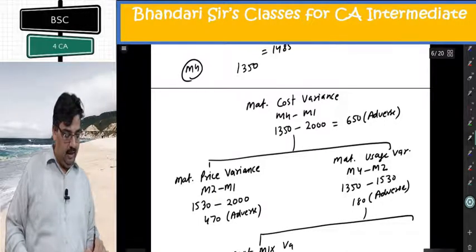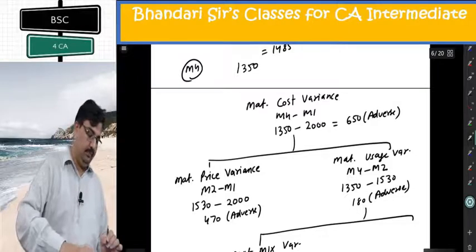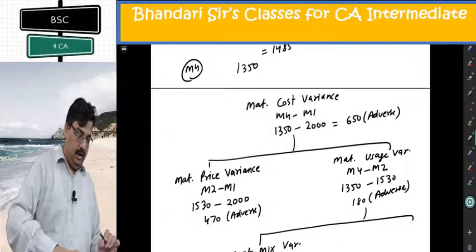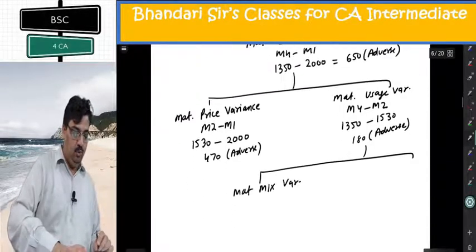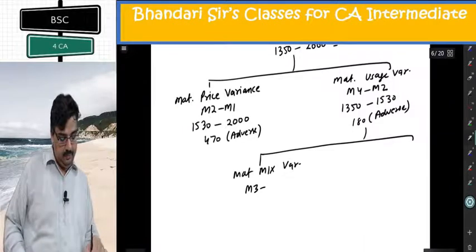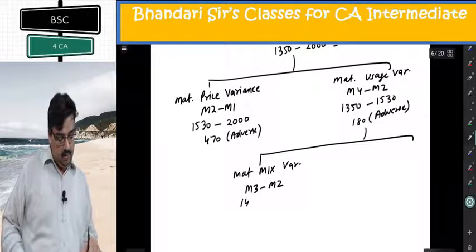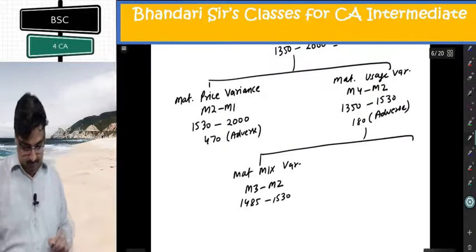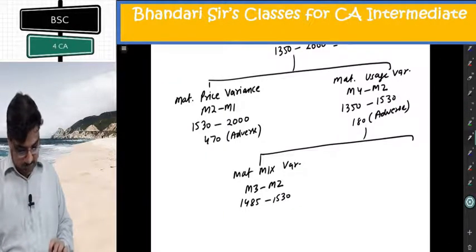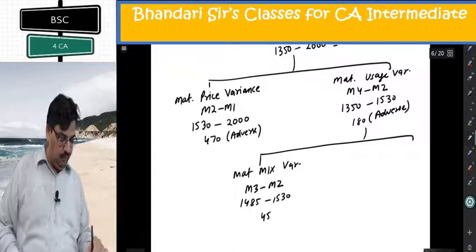Material mix variance: M3 minus M2, 1485 minus 1530, 45 adverse.